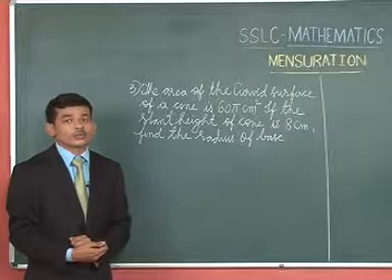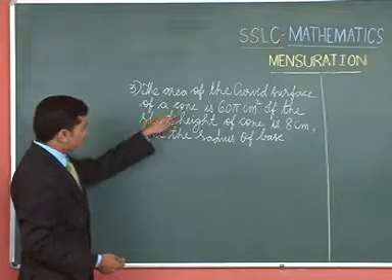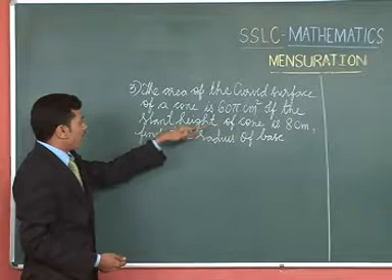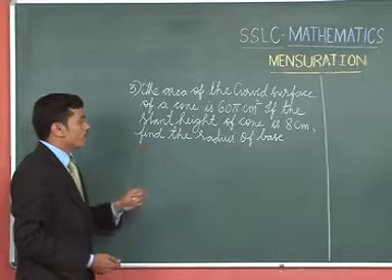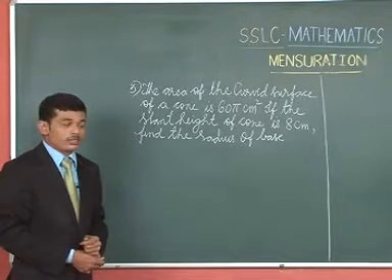Now let us go to the third question. The area of the curved surface of a cone is 60 pi centimeter square. If the slant height of the cone is 8 centimeter, find the radius of the base. So first write down the given quantities.